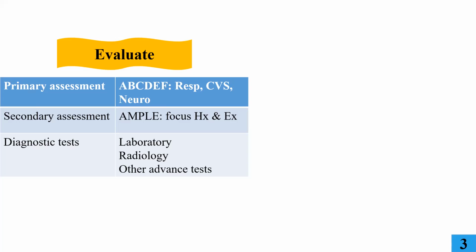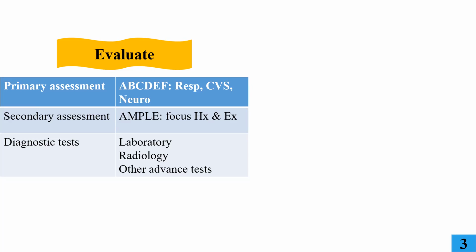Then we have the secondary assessment, where we do something called AMPLE, or some people call it SAMPLE: S for signs and symptoms, A for allergy, M for medication, P for previous history, E for exposure, and L, which I forgot; I will check it later.